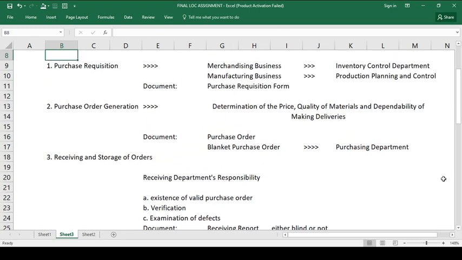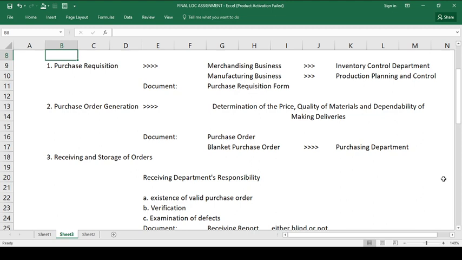If the purchase requisition form is approved by the authorized personnel, it will immediately prepare the purchase order. Meaning the purchase order, that is the simula kung saan you are formally asking the supplier.